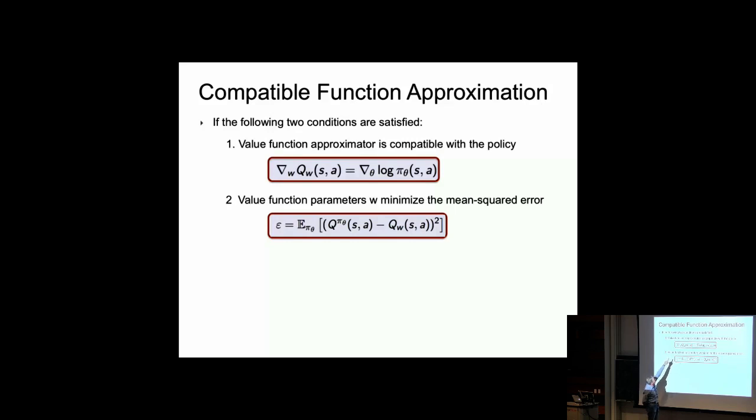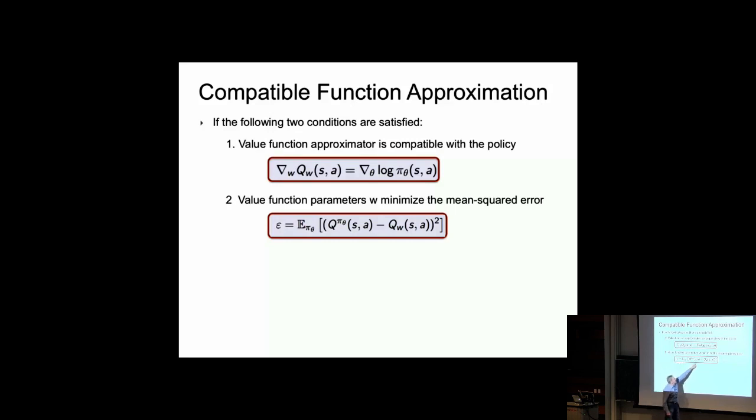We're saying that the gradient with respect to parameters w of the Q function must be equal to the gradient with respect to a totally different set of parameters, theta, of the policy function. The first time I saw this, it blew my mind. I thought there had to be an error. So think about that. And the second thing is we're going to train the Q function to minimize the mean squared error.